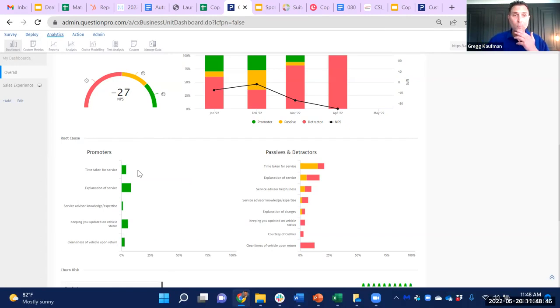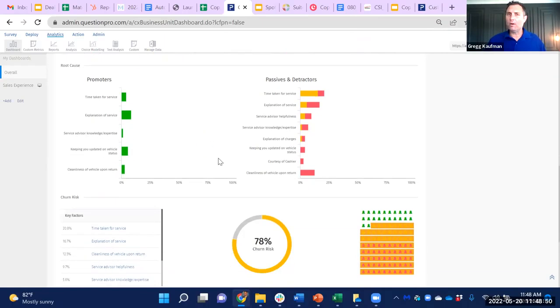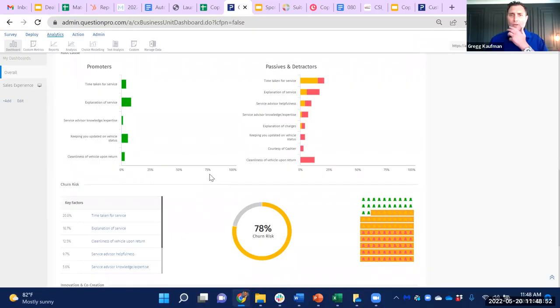Here in this case, with this faux data, you could see explanation of service. More important, however, over here on the right-hand side, we have the passives and the detractors. And what you're looking at here are the key reasons that people are either detractors or passives to your dealership. And what you really want to pay attention to are the folks in yellow, because these are the people on the fence.